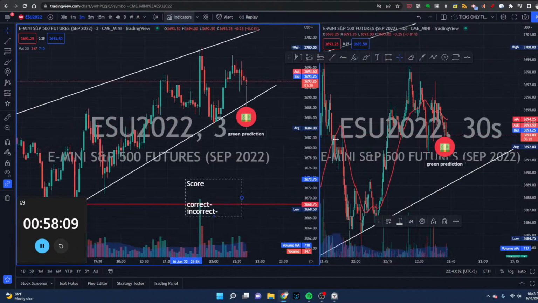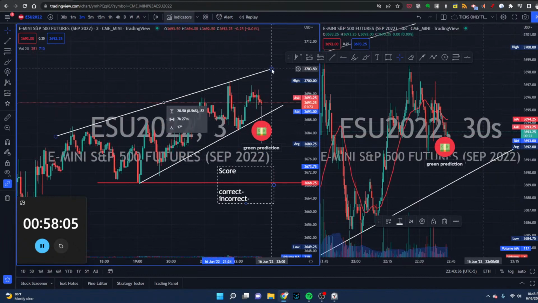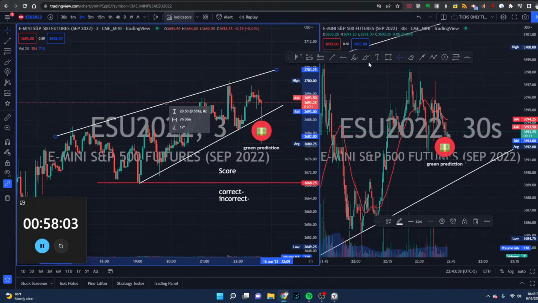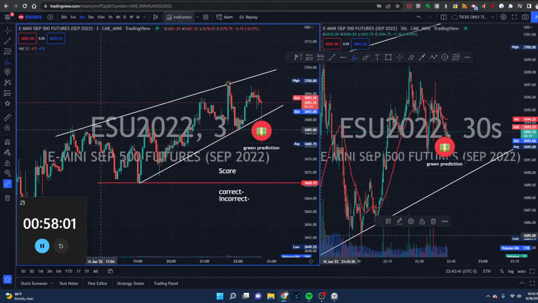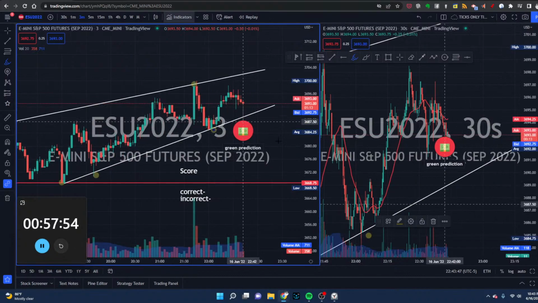So it looks like we're in this wedge pattern here. We've got a touch here, touch here, touch here, touch here, touch here. It looks like we're coming down for another touch right here.